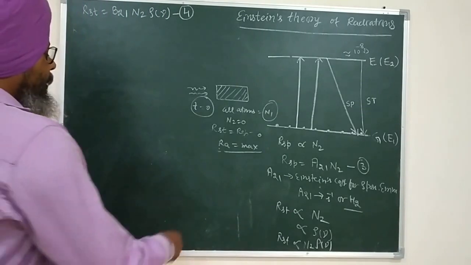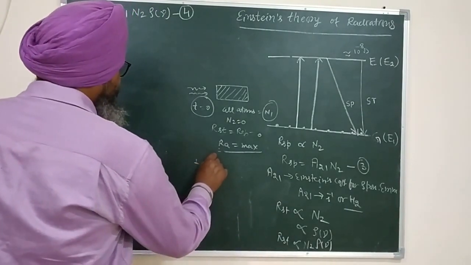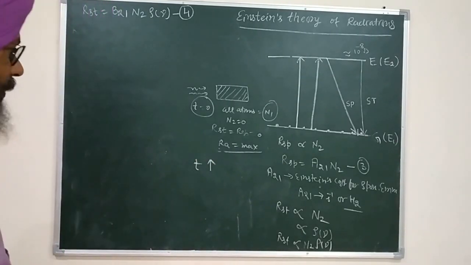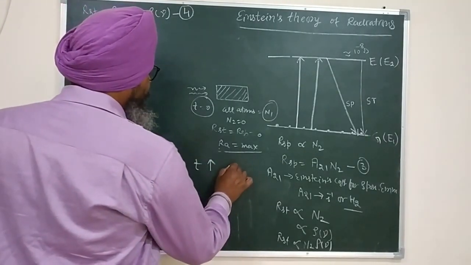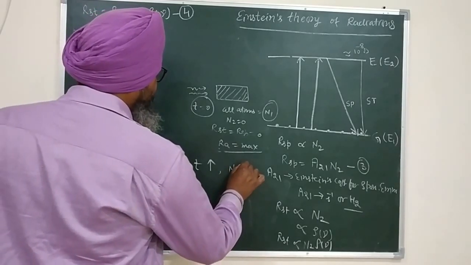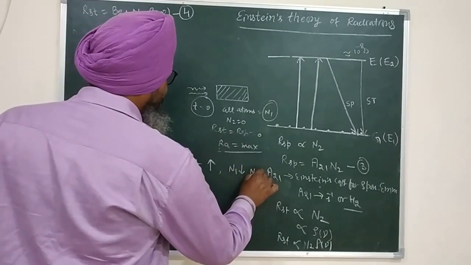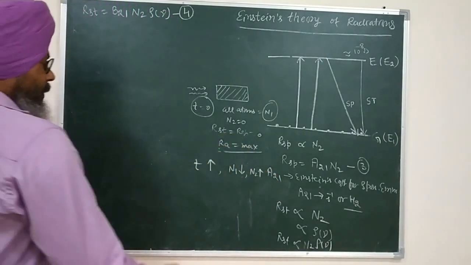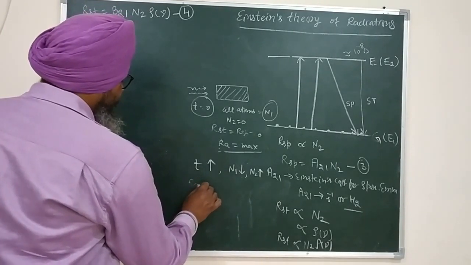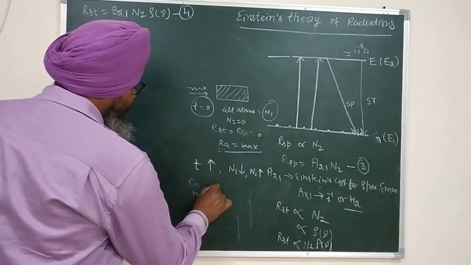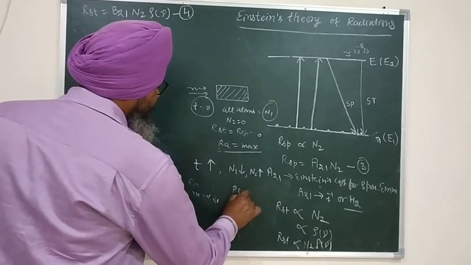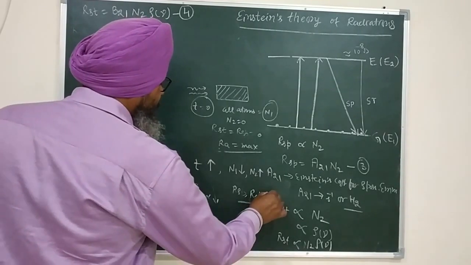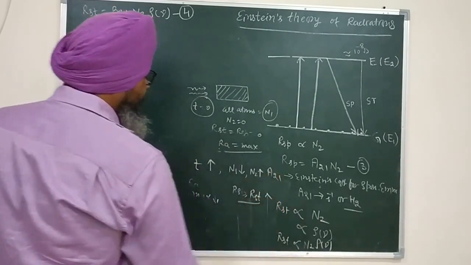Therefore, as time passes, this upward arrow means t is increasing, the value of n1 will decrease and the value of n2 will increase. So what is the meaning of this? Its meaning is that RA will decrease from its maximum value, while RSP and RST, which were initially 0, will start increasing.